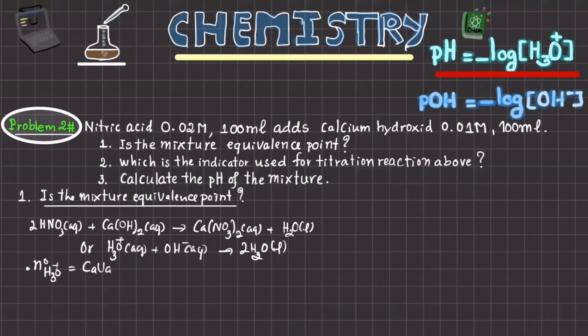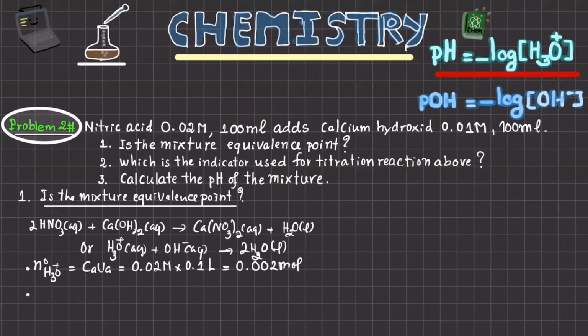CaVa, this is a strong monoprotic acid, so you calculate it: 0.02 molarity multiplied by 0.1 liter, because you convert milliliters to liters, equals 0.002 mole.